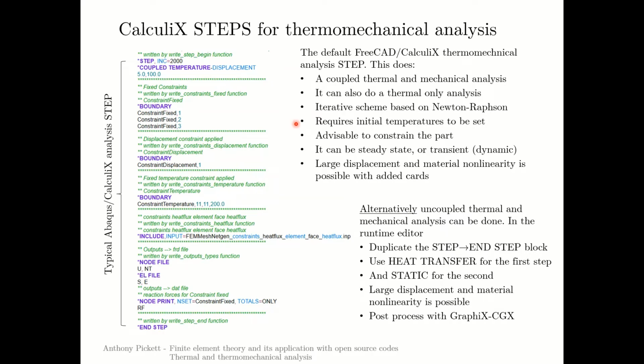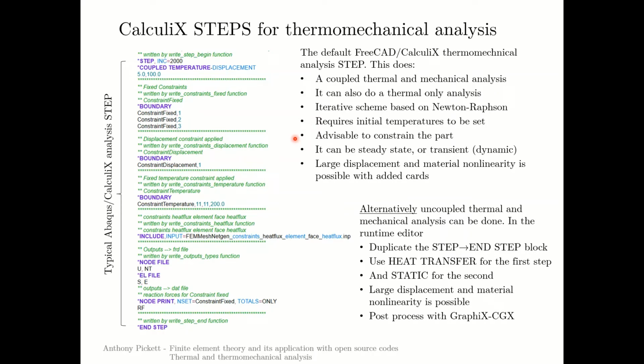It does require initial temperatures to be set. This is a bit unusual. If you do a standard thermal analysis, you don't need to specify any initial temperatures. The solution will find the temperatures. But for this iterative scheme, you do need to set initial temperatures. They can be any kind of value, and it will hopefully converge to the solution.